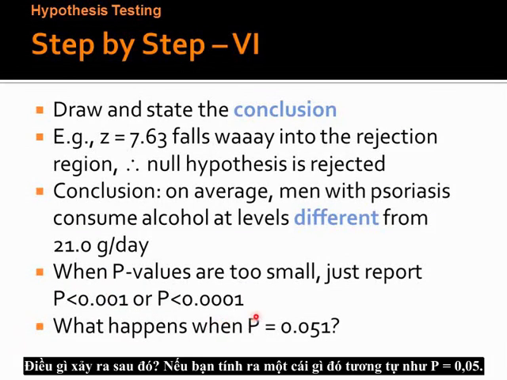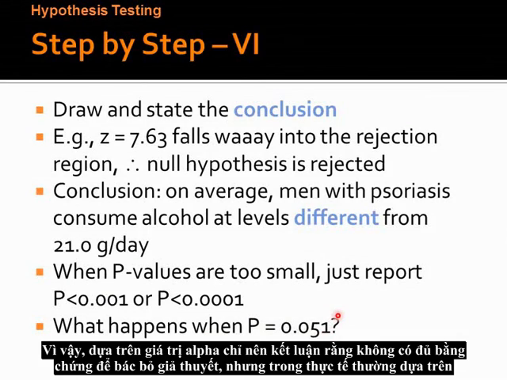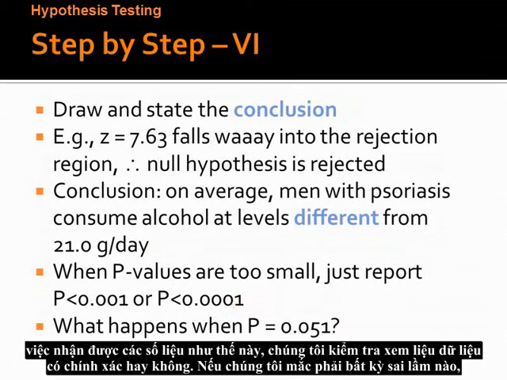Now what happens if you have something that's on the borderline? P equals 0.051. Strictly speaking, based on the alpha value, you should just conclude there's not enough evidence to reject the hypothesis. But in practice, upon getting figures like this, we usually go back and test to see whether our data is actually correct. Did we make any mistakes?